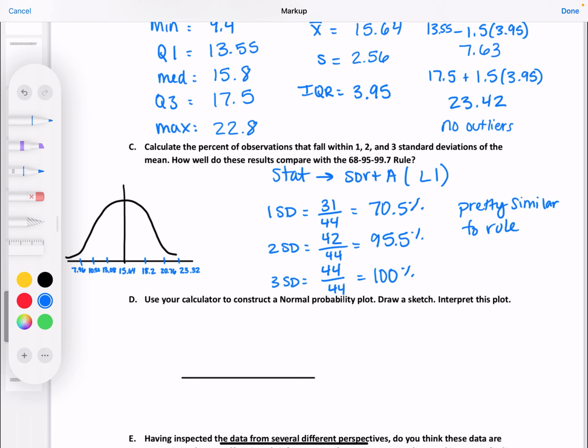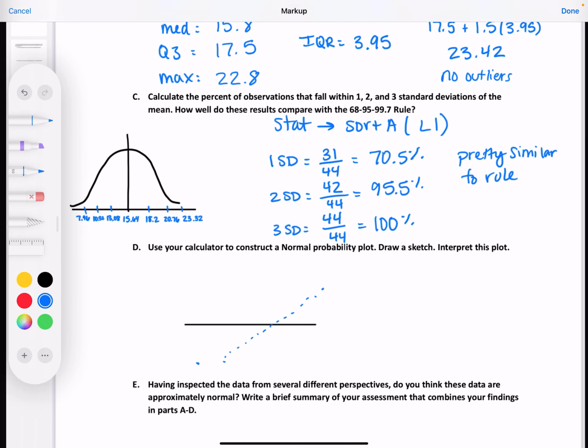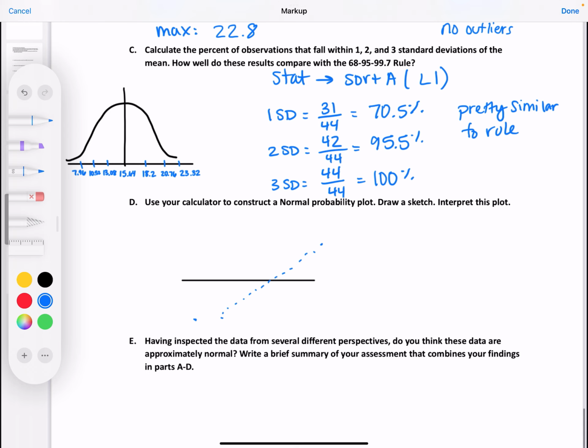In theory, you should see something that looks kind of like that. Okay. So, what does this kind of look like? How would you describe the order that those dots are in?